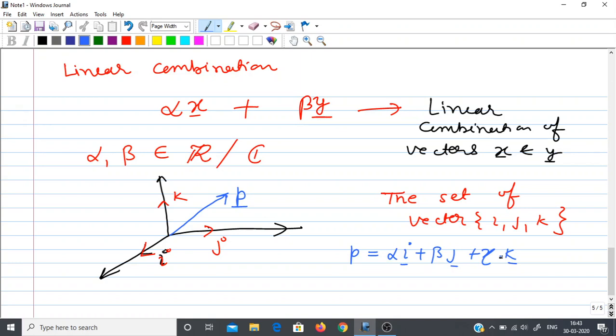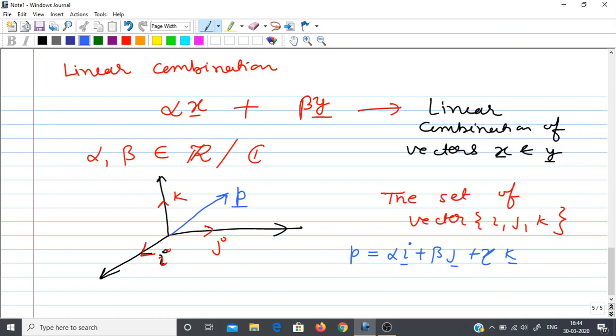So these three vectors fill the whole space. If you take all possible combinations of these three vectors, those combinations will fill this three-dimensional space, or any point in this three-dimensional space can be expressed in terms of these three vectors i, j, k. Therefore, this set of vectors spans this three-dimensional space.